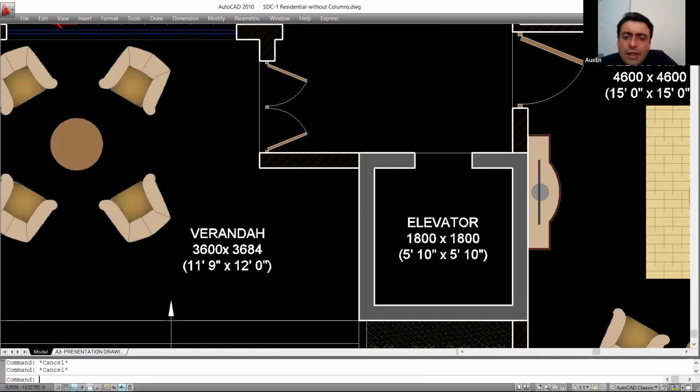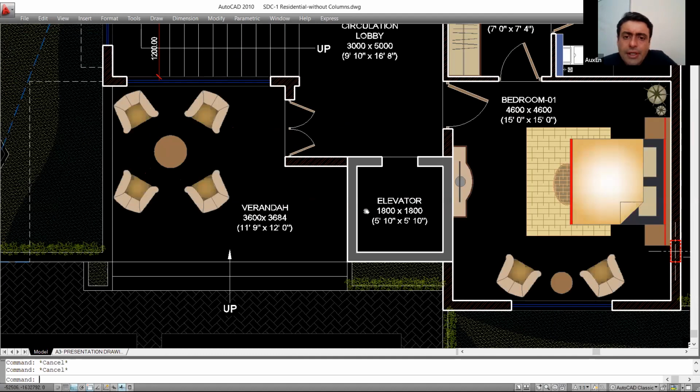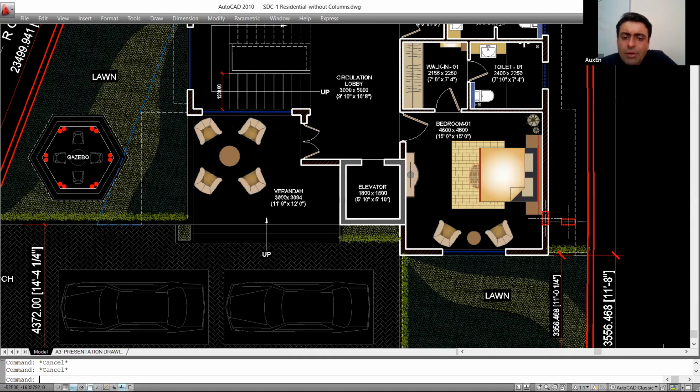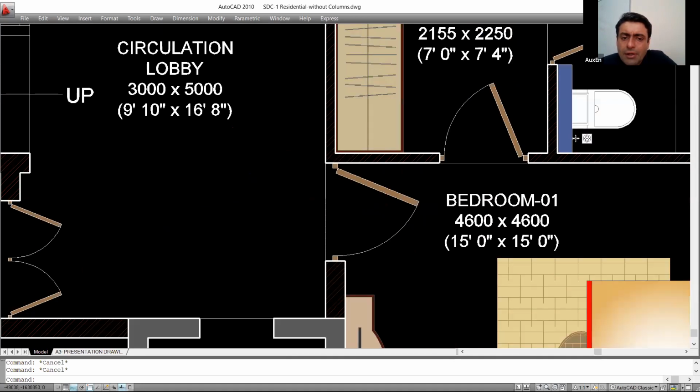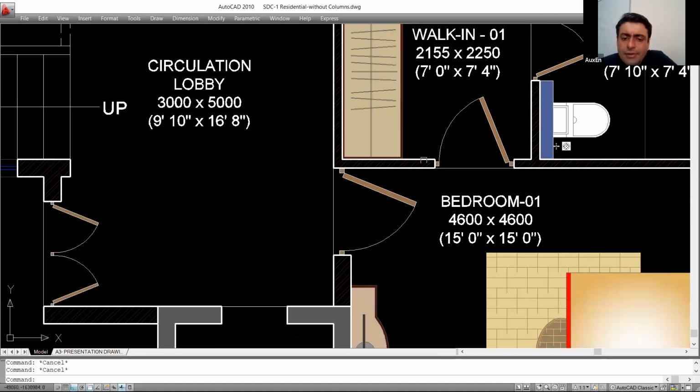All right. Now, do you see any difference between, let us say, this brick wall and this brick wall? Do you see any difference between these two brick walls?